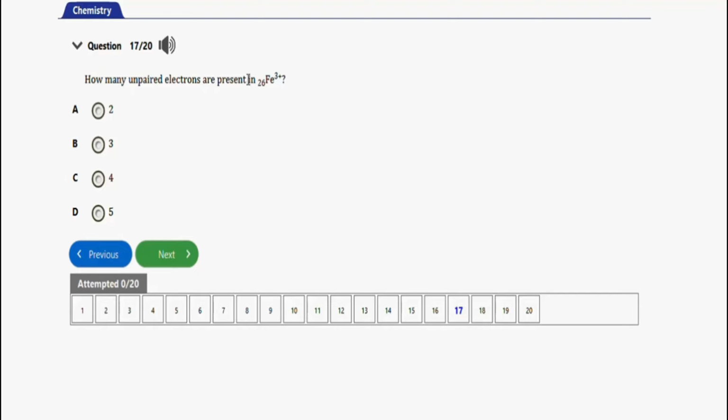So it will be 5, guys, basically, because this ion is losing 3 electrons as it's taking part in chemical reaction. So the number of electrons will now be 23 instead of 26 when it loses 3 electrons. Okay, when I'm representing these electrons in orbitals, the number of unpaired electrons will be 5. Because of time, I can't do it now, but just know that it's 5, option D.